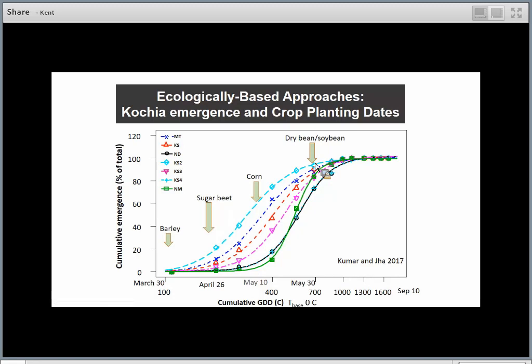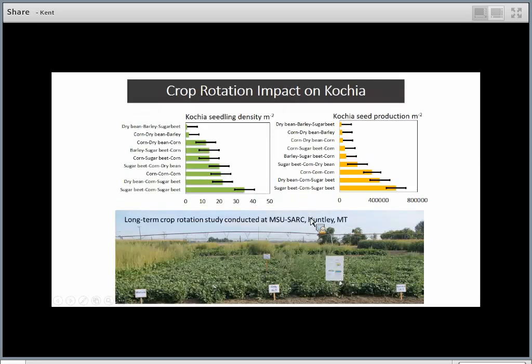So you can use tillage or some type of herbicide control and plant dry beans and have very few kochia plants survive in that dry bean environment. That depends on the biotype you're dealing with. That's how planting date and crop type makes a difference.